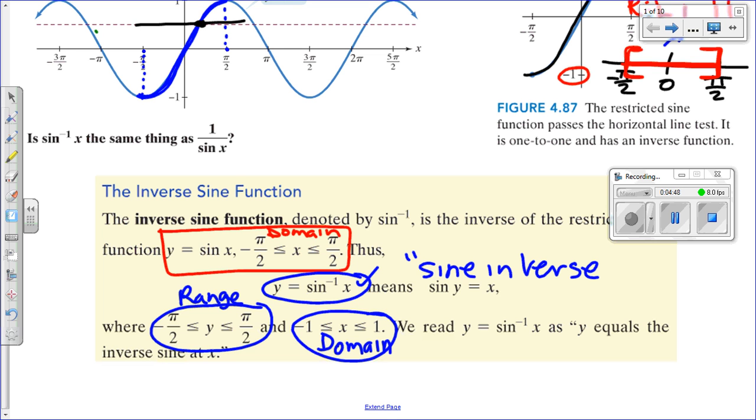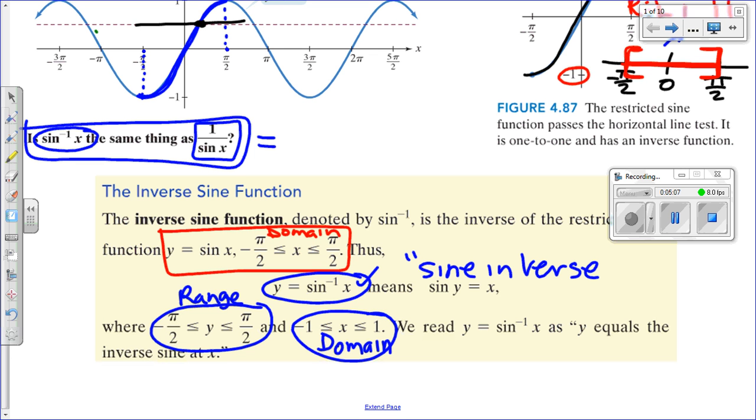What else can I tell you? Let's look at this statement here, and it's very important because this is the notation for sine inverse. You cannot think of it as an exponent. It's not the same as this expression, because 1 over sine of x is equal to what? The reciprocal identity.